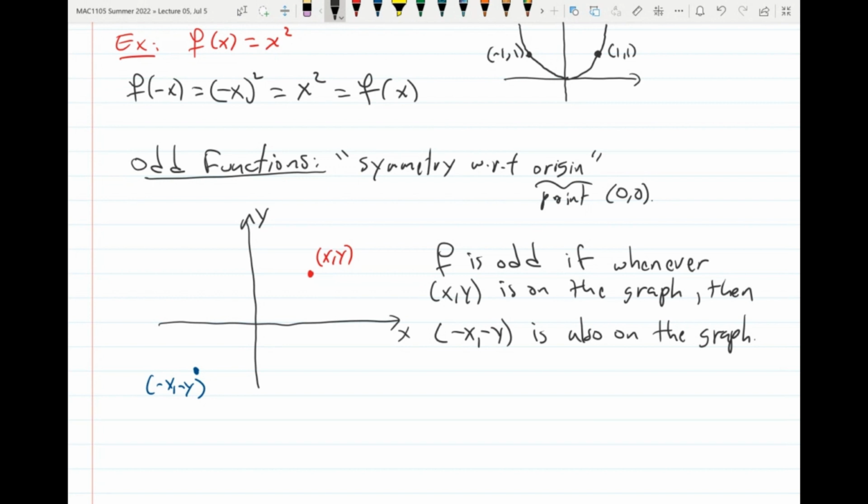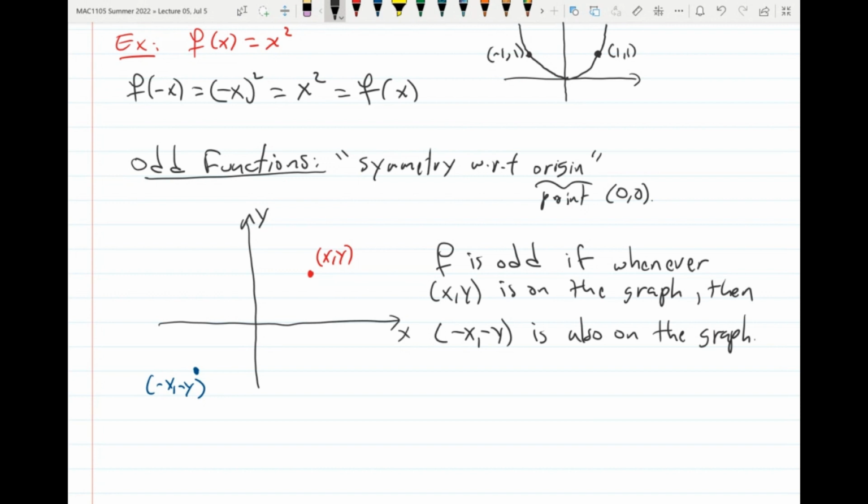Okay? So that's what it means to be an odd function. Now, let's try to produce an algebraic way of telling this. Via a picture, you can see if the function reflects from here to here, then you're good.